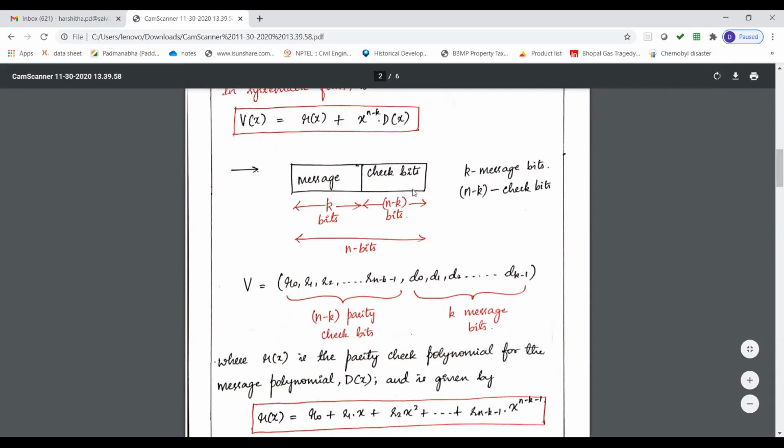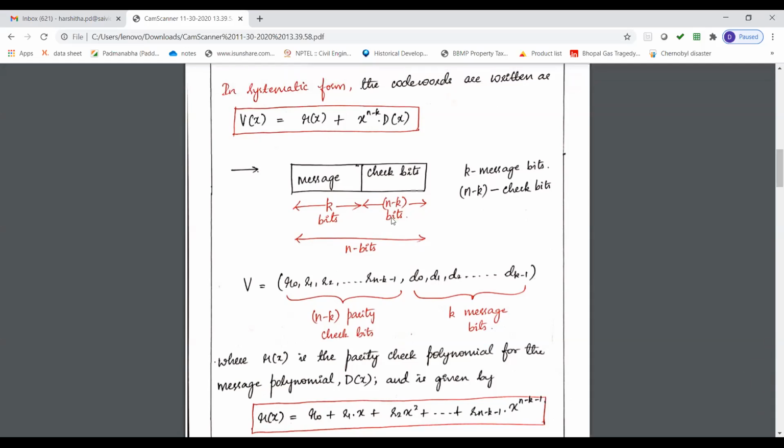If you want only the check bit length, it is n minus k. So k indicates the message bits and n minus k indicates the check bits, and n bits is the length of the complete linear block code.